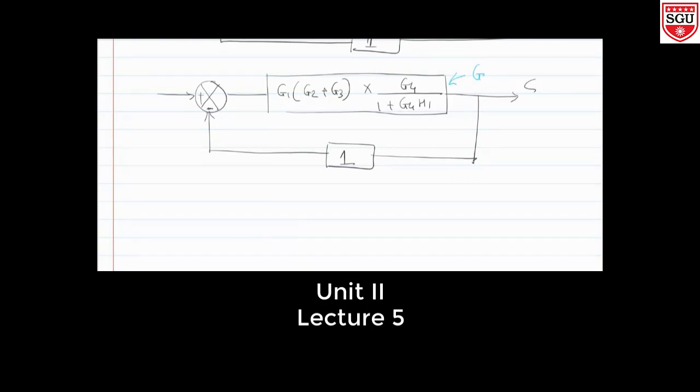If that is G, our feedback loop will be like this: G, C, and here 1. Sometimes 1 is not written. So what will be the answer? G upon 1 plus G. Correct? Yes, sir. This is the reduction.